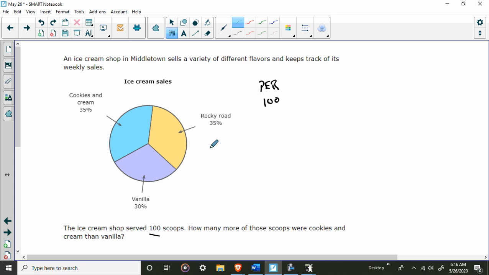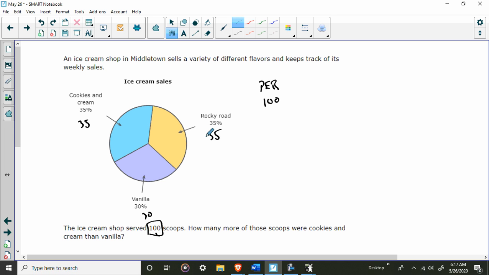So 35% actually just means 35, 30% vanilla actually just means 30, and 35% cookies and cream actually just means 35. Percent means per 100, so these numbers are very easily transferable to being exactly what they say.